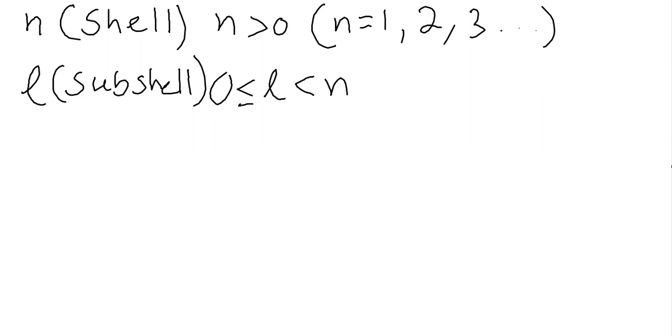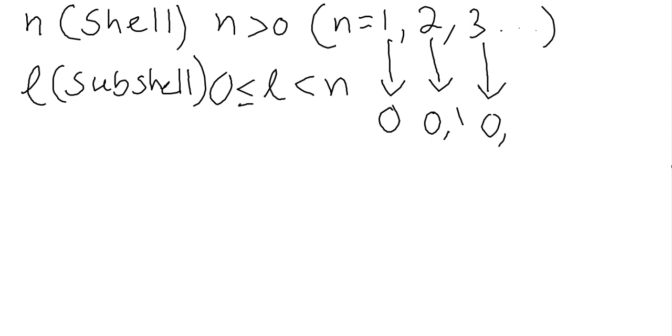So if n equals 1, your subshell l can only be a value of 0. If n equals 2, your subshell within that shell will be 0 and 1. Then when n equals 3, your subshell l will be 0, 1 and 2.